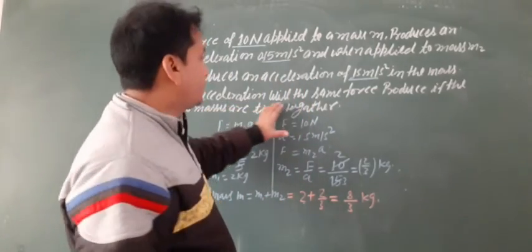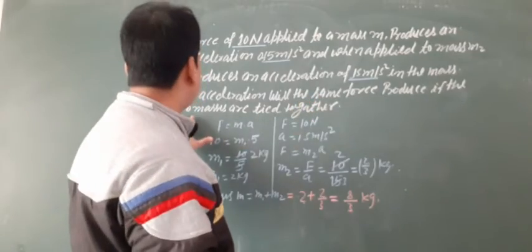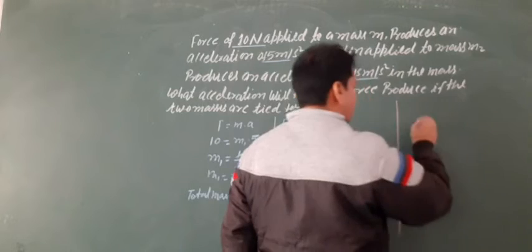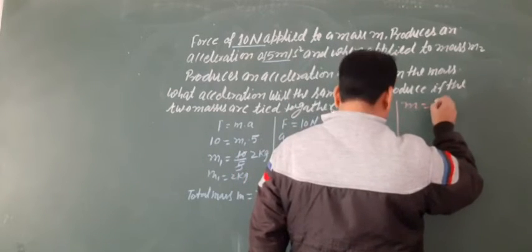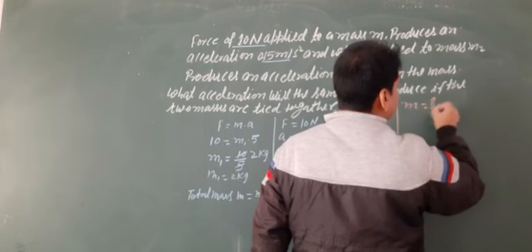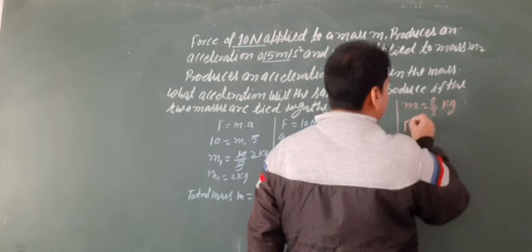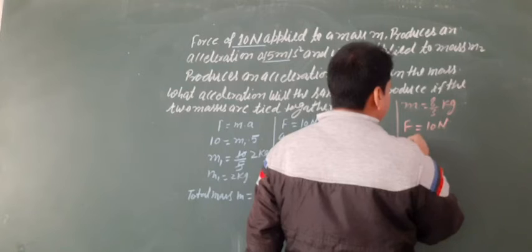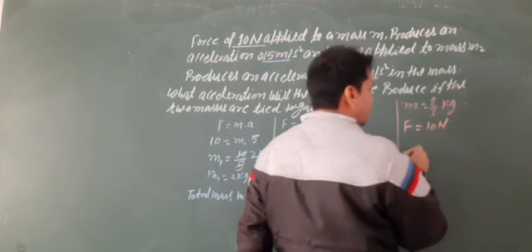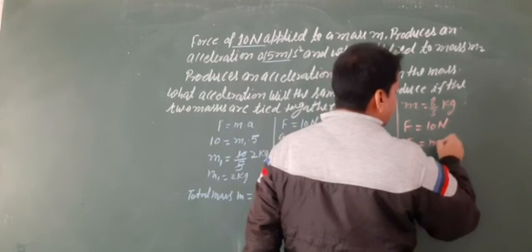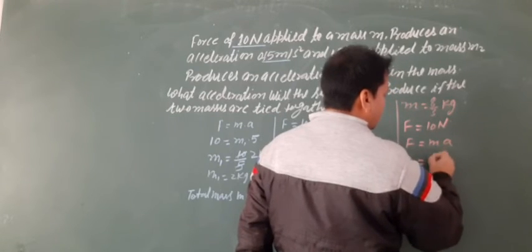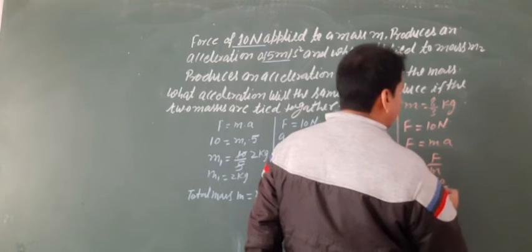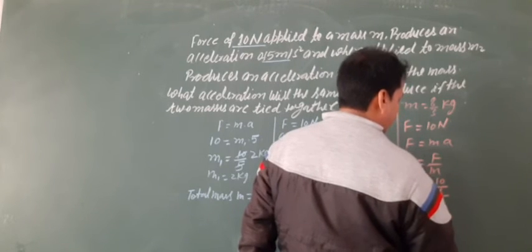So what acceleration will the same force produce if the two masses are tied together? Then the total mass of the object m equals 8 by 3 kg and the force is given here, 10 Newton. Then according to Newton's second law of motion, F equals m into a, then a equals F by m, that is 10 by 8 by 3.